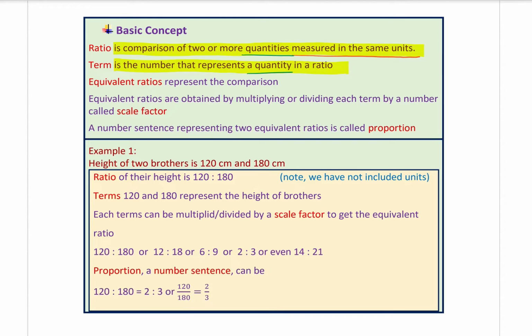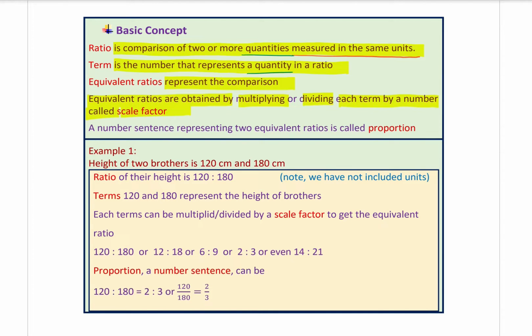Equivalent ratios represent the comparison, right? So equivalent ratios represent the comparison. If they are exactly equal, they are equal, right? Now, how do we get them? So equivalent ratios are obtained by multiplying or dividing each term by a number called scale factor.